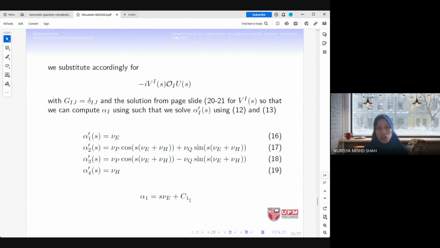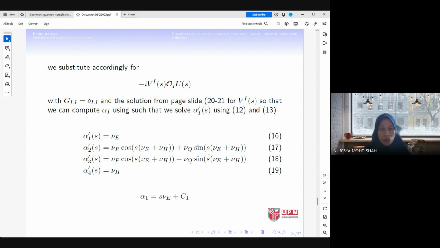Okay, so at the end you have your phi 1. Actually, I'm giving you phi 1 is just SVE, all right? And so C1 and C4, at least from 16 and 19, give you 0. And phi 2 and phi 3 have an extra 1 over VE, okay?